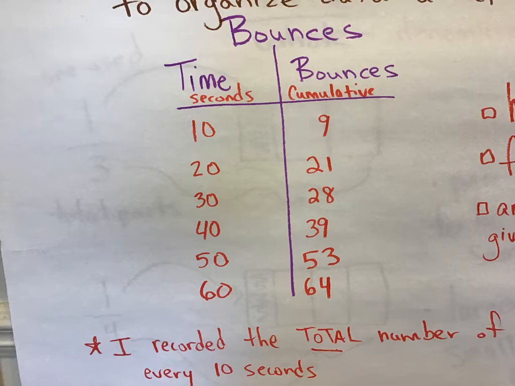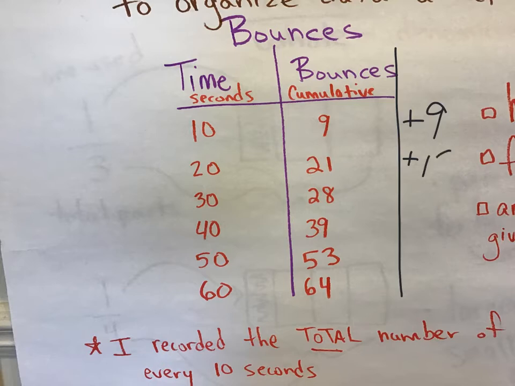So what I want you to do is be thinking about adding a third column in your data tables. You can use the same data tables. For the first 10 seconds, it was +9 from no bounces. And then in the second 10 seconds, when I had a cumulative of 21, we noticed that I would add 1 to get to 10, and then I would add 11 to get to 21.